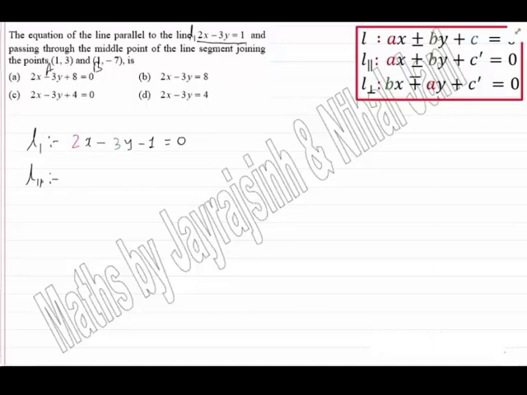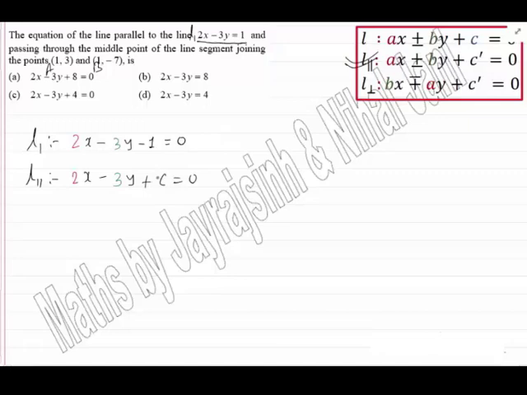So we can say our required line parallel to this one must be 2x minus 3y plus c is equal to 0, right? We know the standard form of equation of parallel line. Coefficient of x and y should be as it is and the sign between them also should be as it is, right? Now we just have to find this constant c to get the answer.